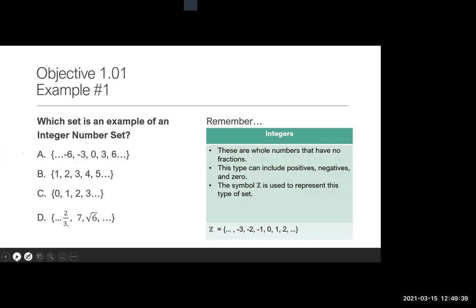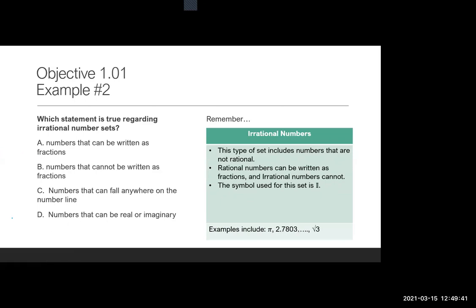Here's another type of question you might see. Which statement is true regarding irrational number sets? Numbers that can be written as fractions, numbers that cannot be written as fractions, numbers that fall anywhere on the number line, or numbers that can be real or imaginary.